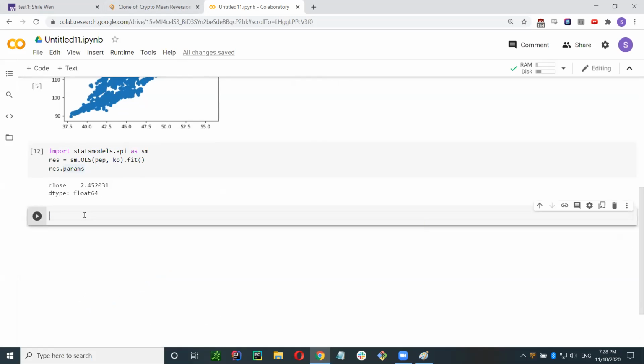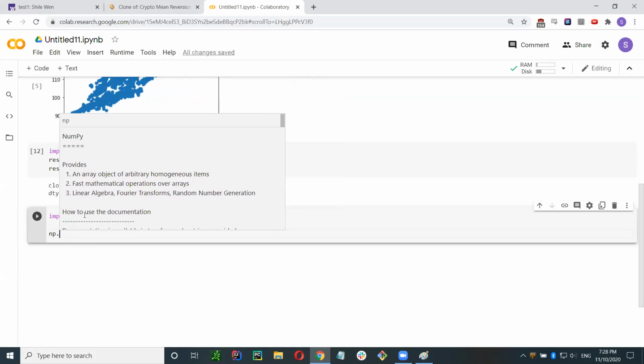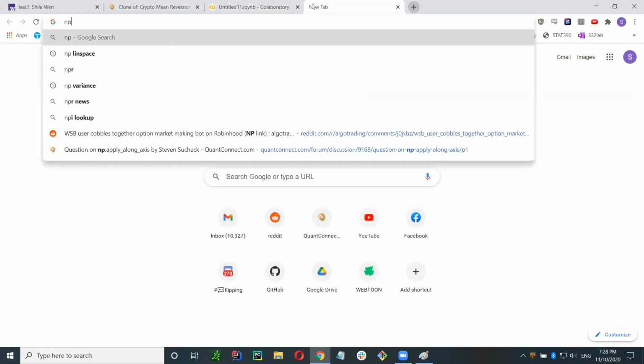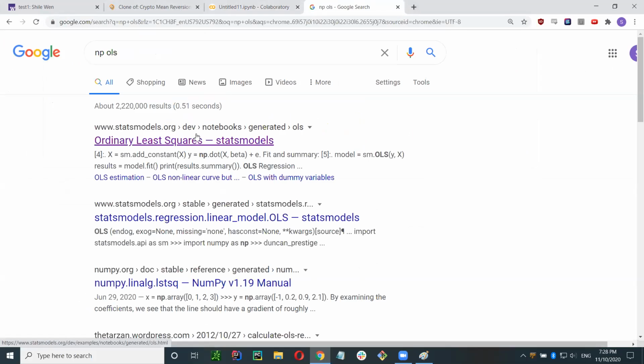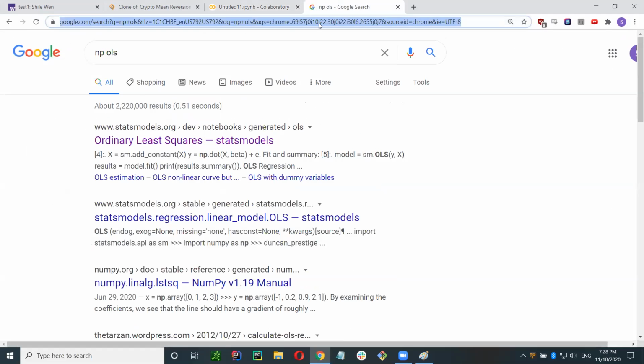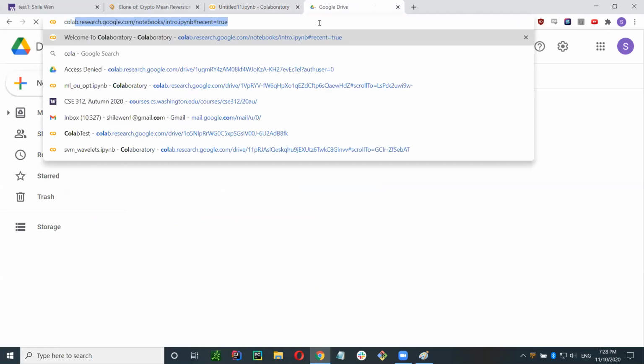Yeah, let's just use the statsmodels library. Okay, so import numpy as np, np.ols. I can't remember how to do it. NumPy. I swear I did it earlier. Shoot, sorry.